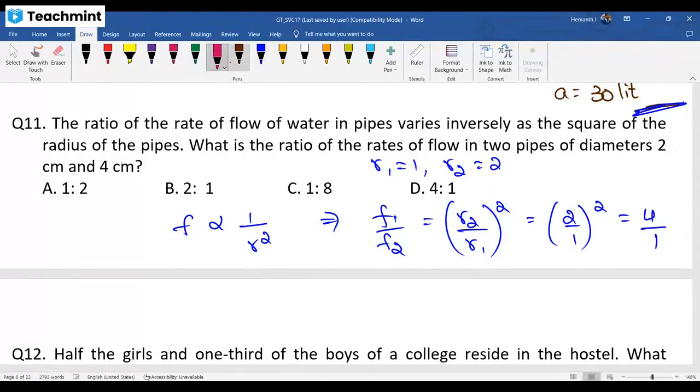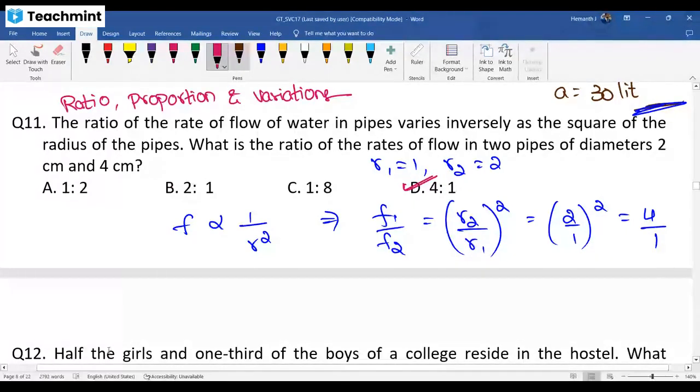My dear friends, this is the ratio, proportion and variations concept. Flow of water is inversely proportional to the square of its radius, then F1 by F2 is R2 by R1 whole square, which is nothing but 4 by 1. Clear?